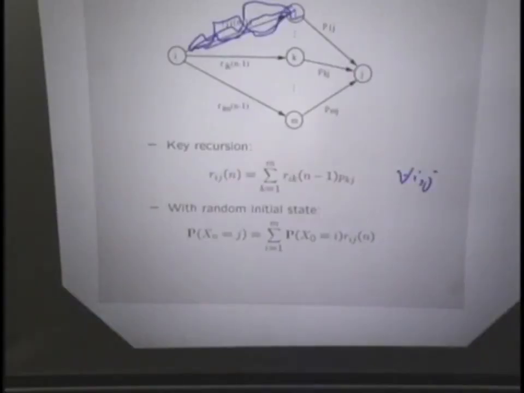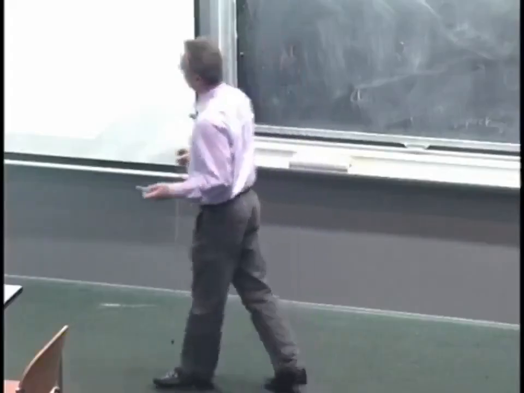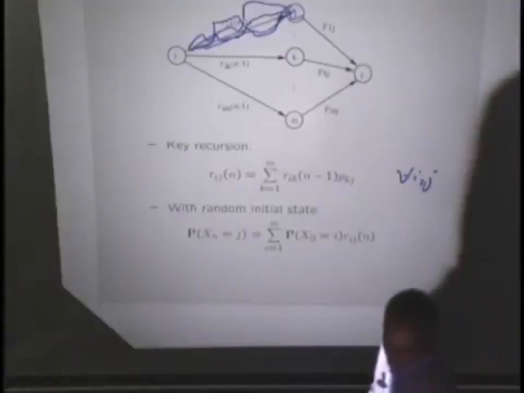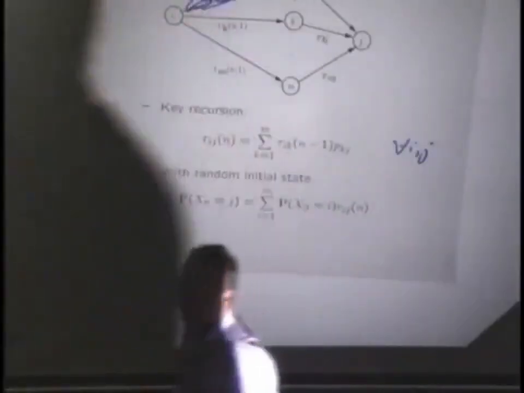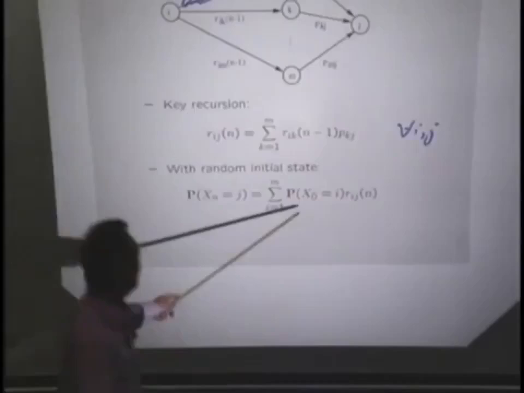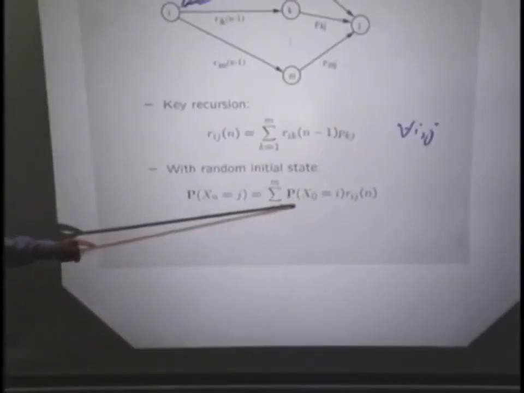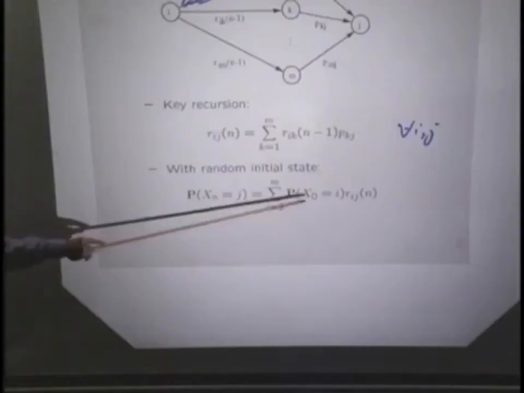Now there are variations of this formula, depending on whether you're interested in something slightly different. So, for example, suppose you have a random initial state, and somebody gives you the probability distribution of the initial state. So you're told that with probability such and such, you're going to start at, say, state 1.